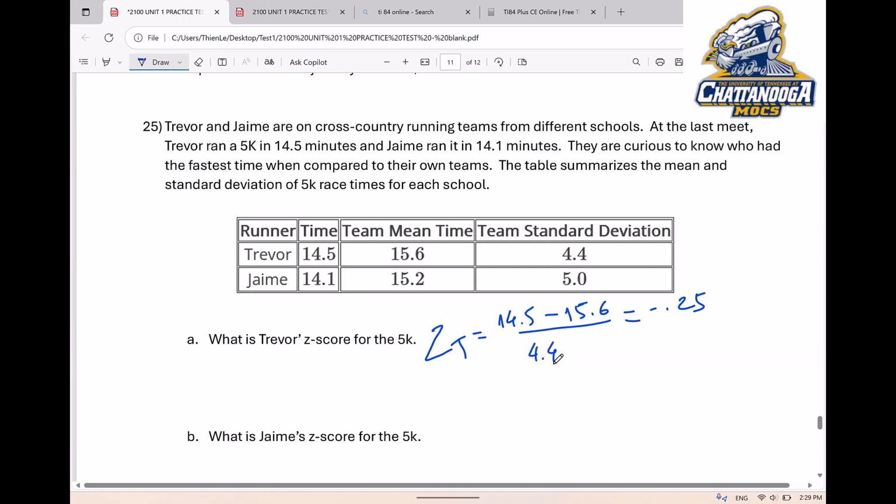Which means he's about 0.25 standard deviations faster than the average of his team. And for Jem, we get 14.1, subtract the mean, and divide by 5. If you do the calculation, you get -0.22 here. Which means Jem is also faster than the average of his team, about 0.22 standard deviations.